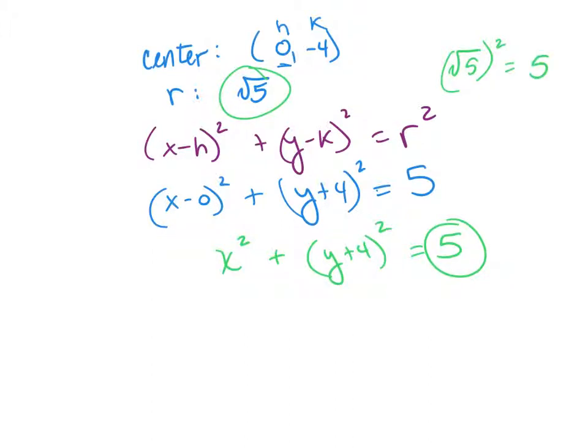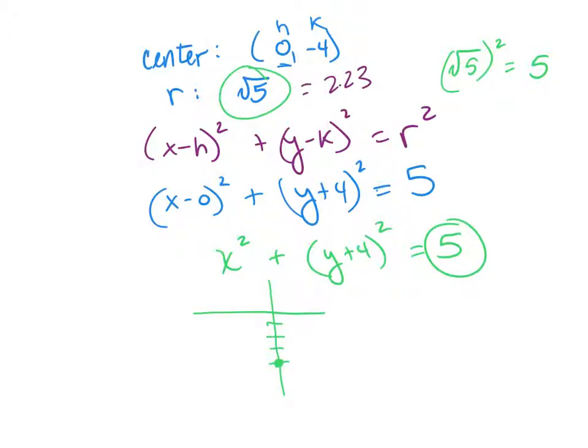When we're graphing, we graph the center, which is 0, -4, which is down here. There's 0, -4, right? And then we graph the radius. So the square root of 5 is the radius, and that is 2.23, right?